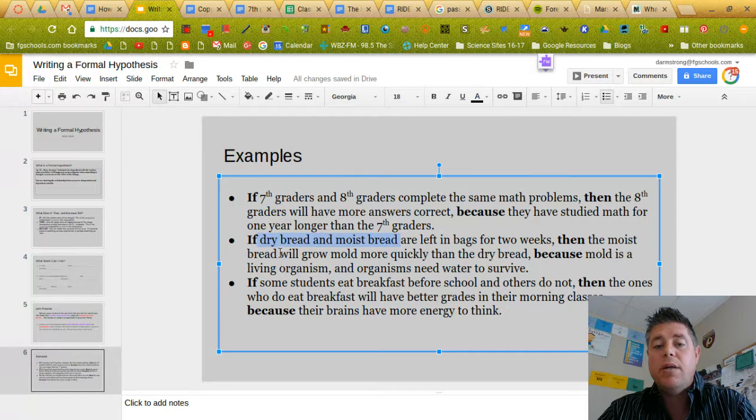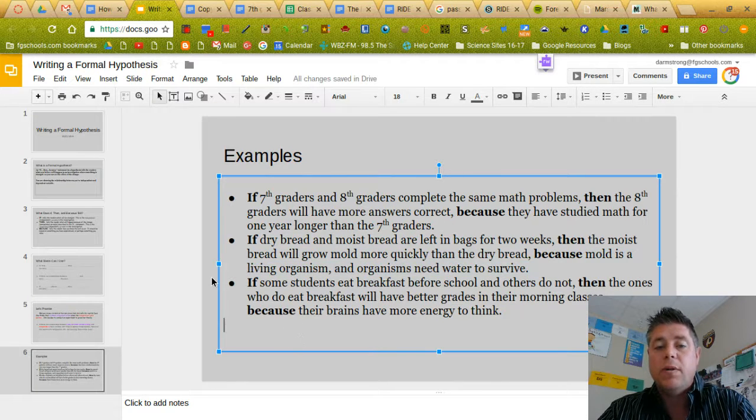I changed the type of bread that I used. I had dry and moist. Here's my control. They stayed in the bag for 2 weeks. I didn't change anything there. Remember, we talked about having a fair test. Here's my dependent variable. The moist bread will grow mold more quickly. And again, you have your scientific reasoning down here.